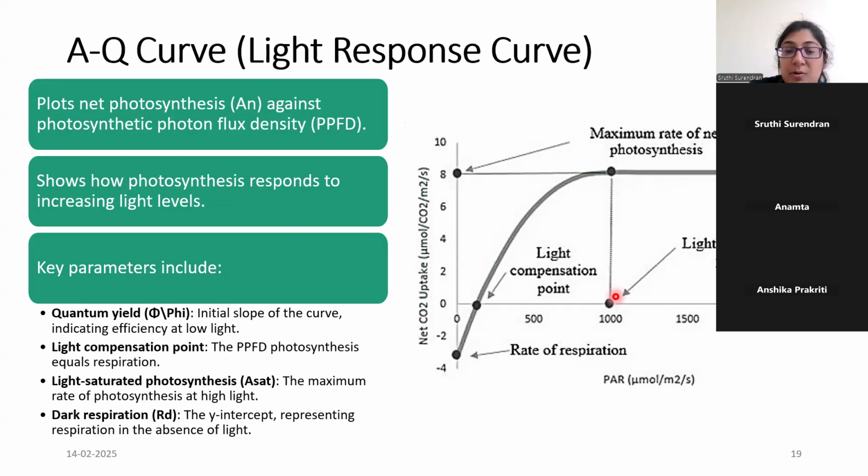And next, this AQ curve is giving us information about the maximum rate of photosynthesis, at what light intensity the carbon dioxide uptake in the plant is equal to 0, and what the rate of dark respiration is.